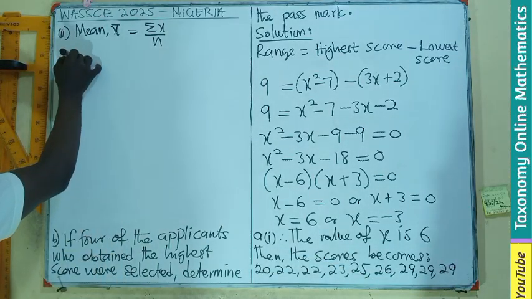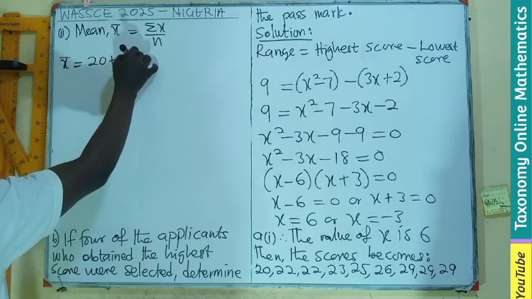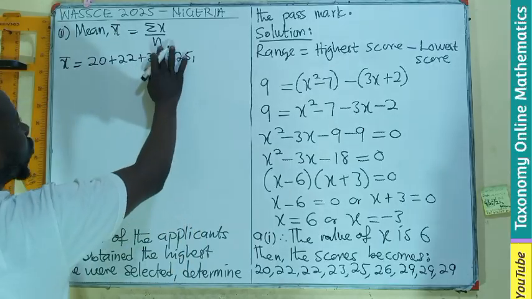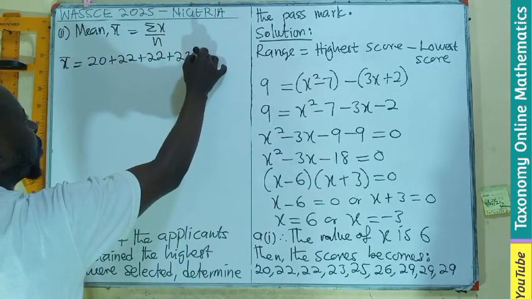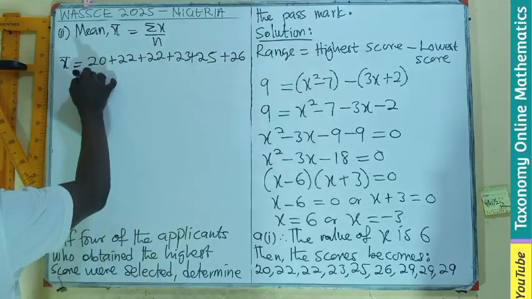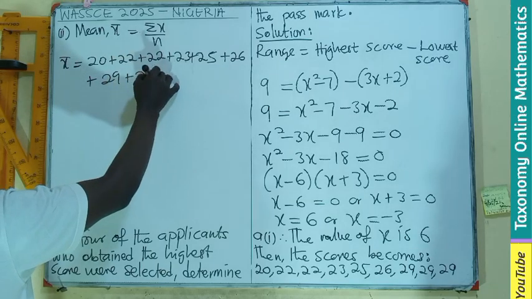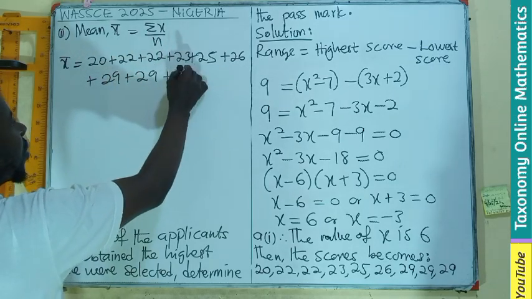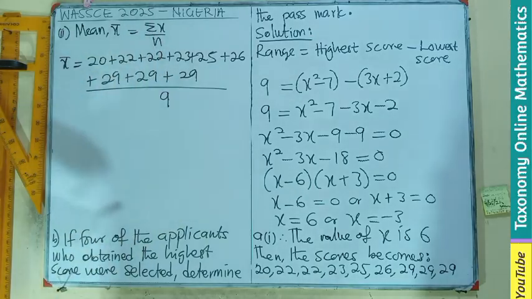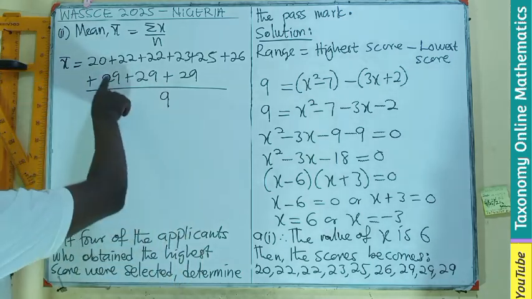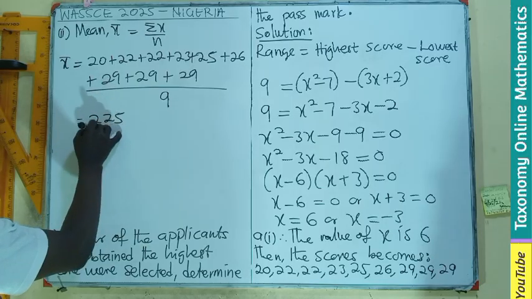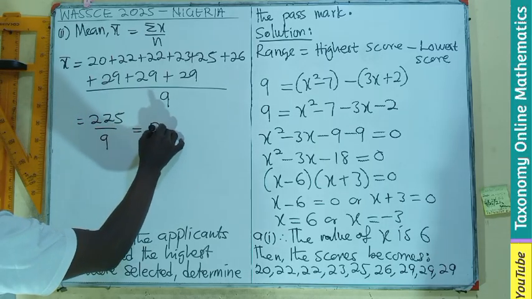So our mean is now going to be 20 plus 22, 23, 25, 26, 29, 29, 29, all of this divided by the number of items, which is 9 applicants. So when we add all of this, we have 225 divided by 9, and that will give you 25.